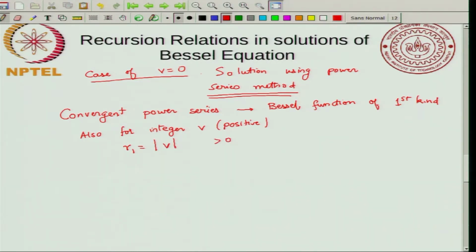Now this power series also leads to a convergent series. This is also called the Bessel function of first kind.